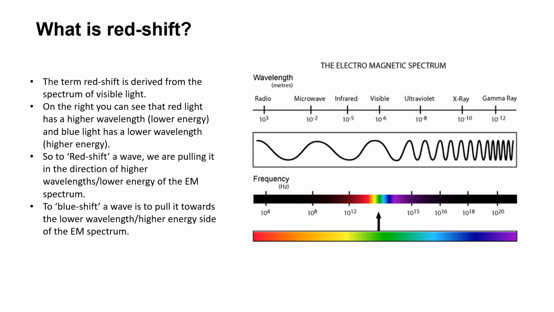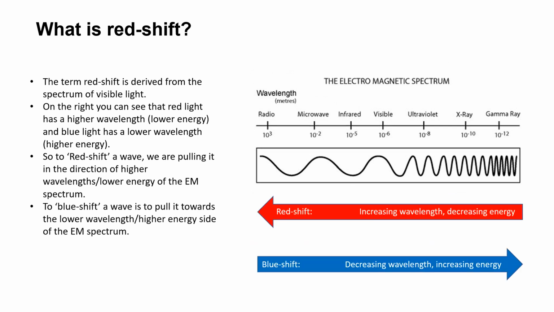So what this would correspond to for redshifting is a wave that's being perhaps stretched, and in the case of blue shifting, this is a wave that's being compressed. And I've just put this on here to highlight that redshift is when we move towards the radio wave end of the spectrum, and blue shift is when we move towards the gamma ray side of the spectrum.